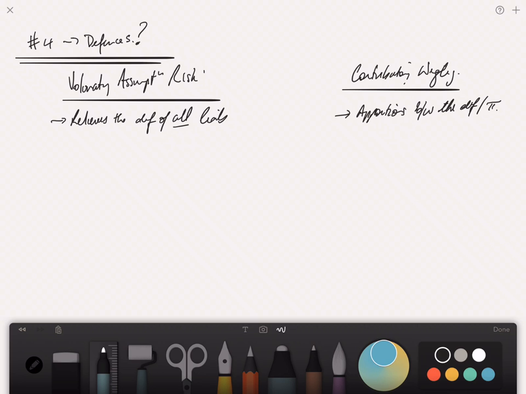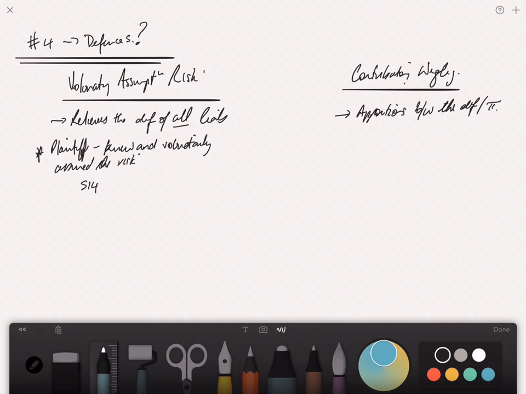Okay. Voluntary assumption of risk requires that the plaintiff, the person injured, knew and voluntarily assumed the risk. Now, traditionally, this has been quite hard to make out at common law, to know that someone actually took on the risk and knew that other people wouldn't be liable.